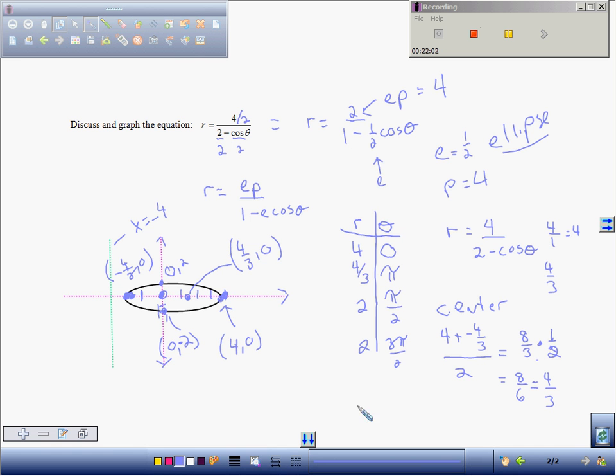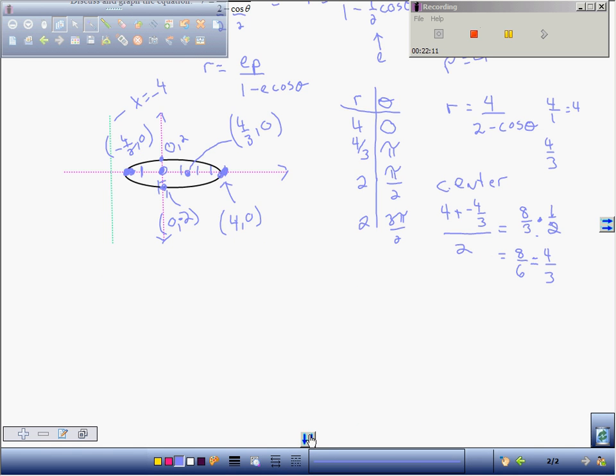Okay? Can I go down here? Sure. So C is the distance from the center to one of the foci. So what is C? What's the distance from here to here? 4/3. Does everyone see where I got 4/3 from?